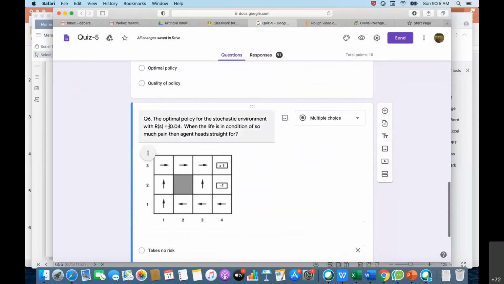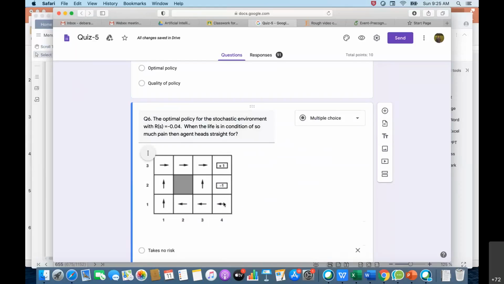With reward value minus 0.04, yes, life is painful, but it is not that much pain. It will take risk here, but it will not take risk here. This is the policy that is given here. So it will obviously take the shortest path from here also, and from here, but being here, it will not put its life at risk.